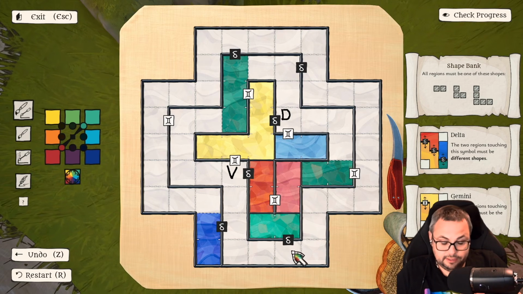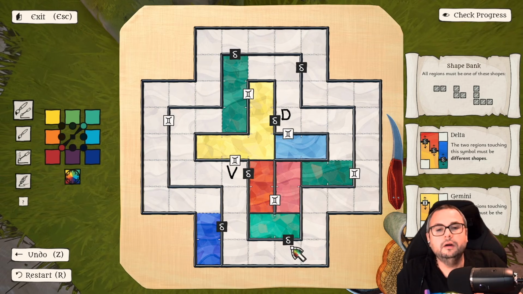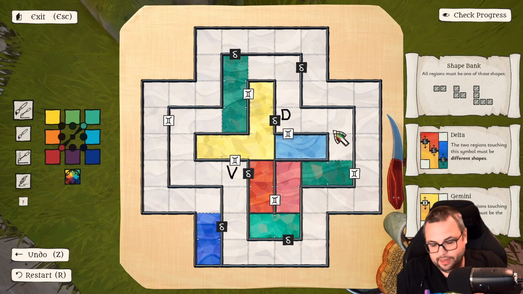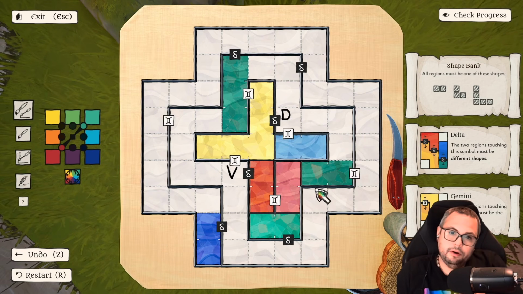This thing is not a domino. It's either a bendy boy or a V. Do like domino, or this could be a triomino poking up like that, maybe.